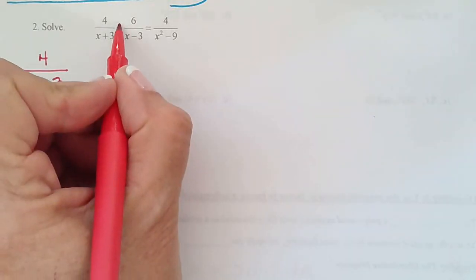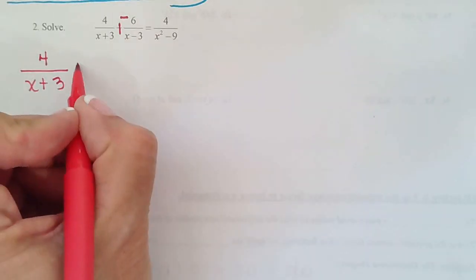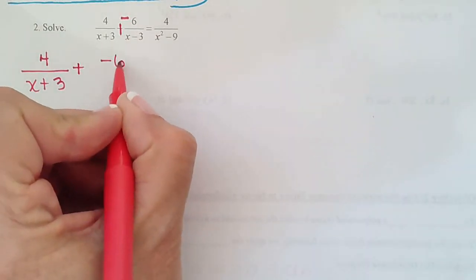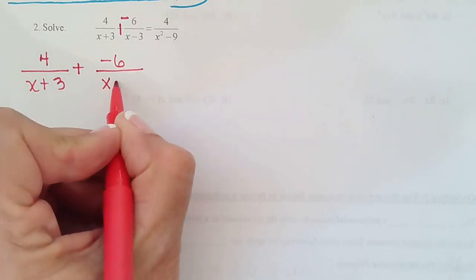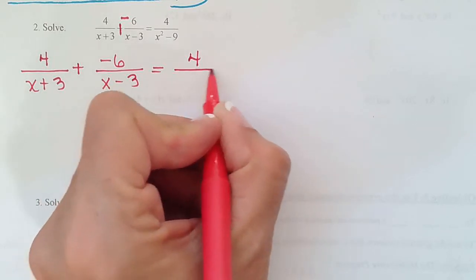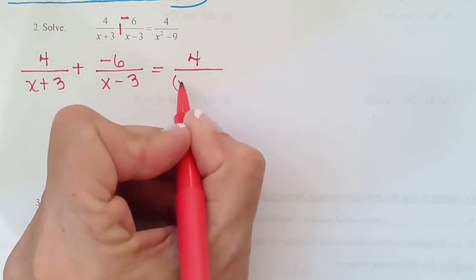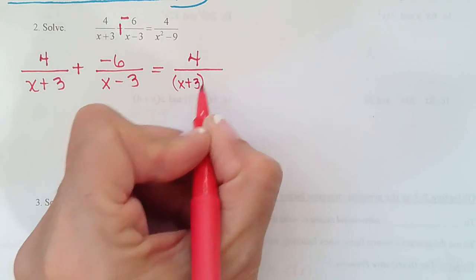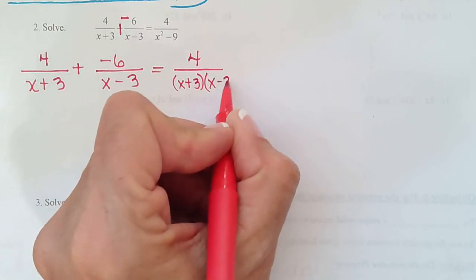So 4x plus 3. Ooh, remember how we learned about this? Add the opposite and get that negative up there. So let's do that. -6 over x minus 3. And then this is a difference of squares. Wow, just keeps coming back. Add the square roots, subtract the square roots.